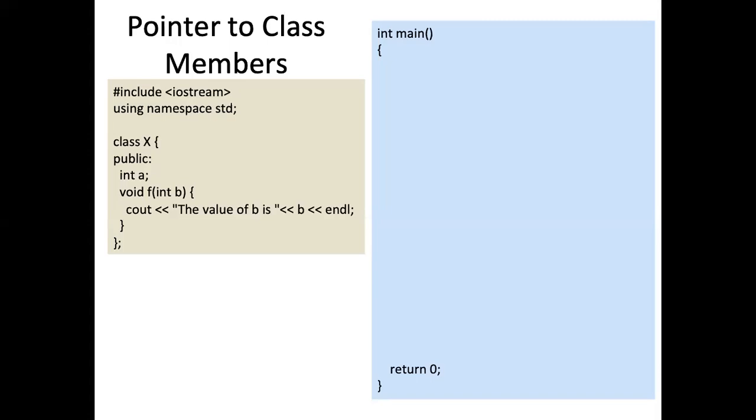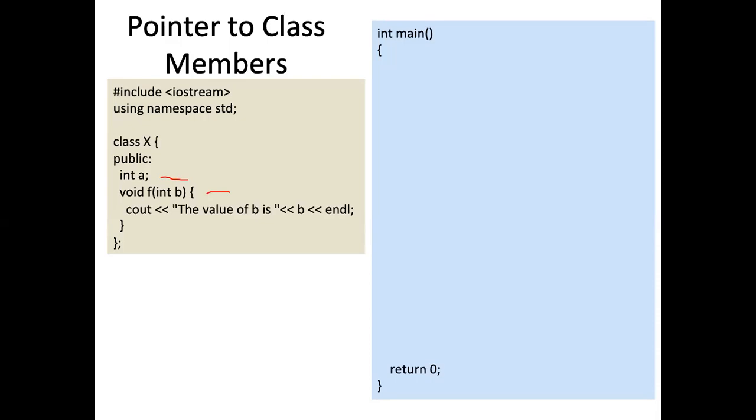So accessing functions through pointers can actually be seen. You have already seen that in case of structs, and you'll have exactly the same thing using the class. But here the difference is that if you have a public member, and that is either a data member or a function, you can define separate pointers to each of these data members.